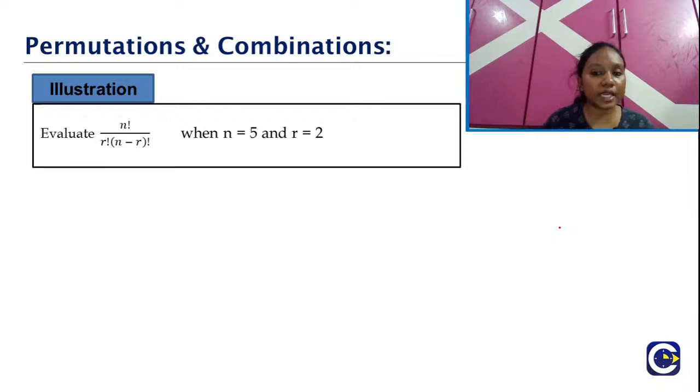Quickly do it and let me know the answer. You will be seeing this expression a lot when we move ahead into our concept of permutations. So for practice, I put in a question related to that.